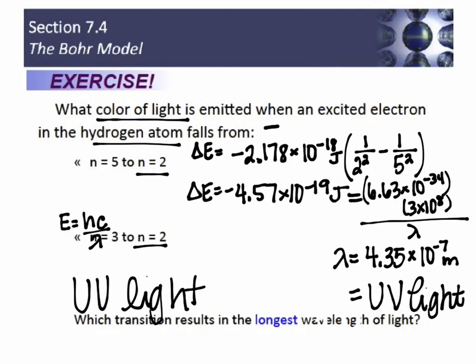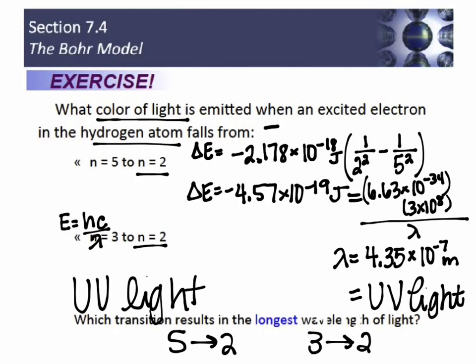Which transition results in the longest wavelength? Going from 5 to 2 or going from 3 to 2, who has the longest wavelength? Who's going to emit the most energy?